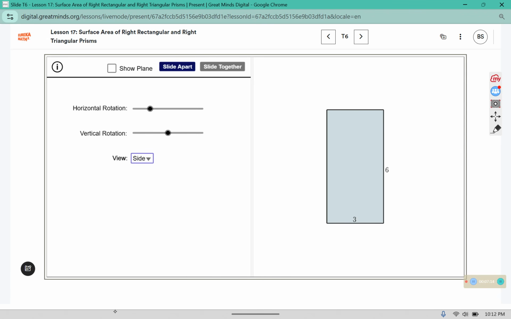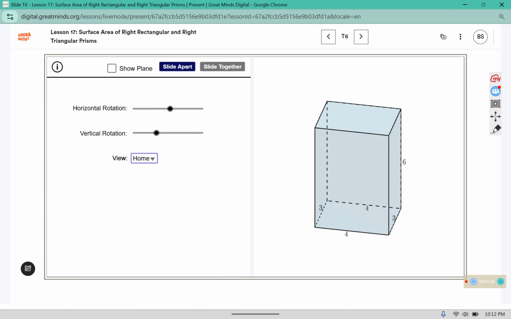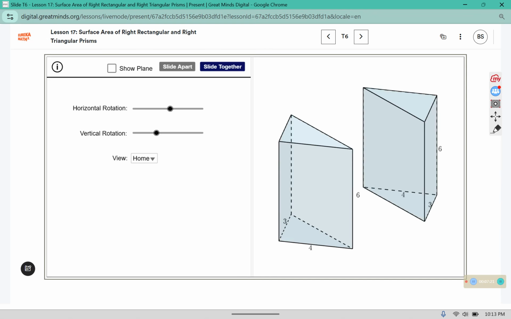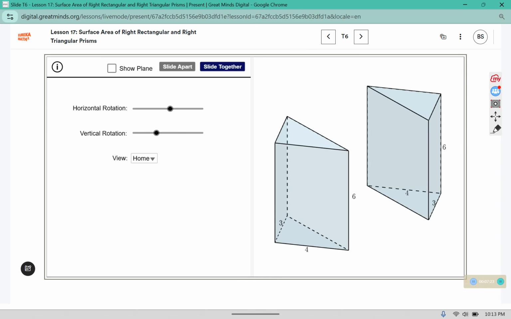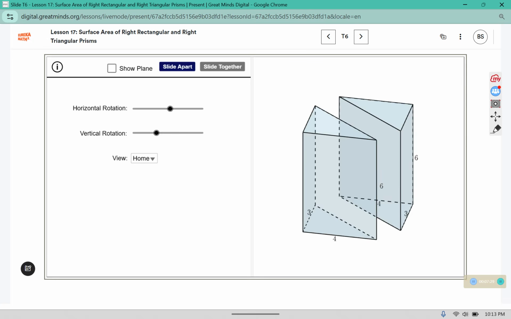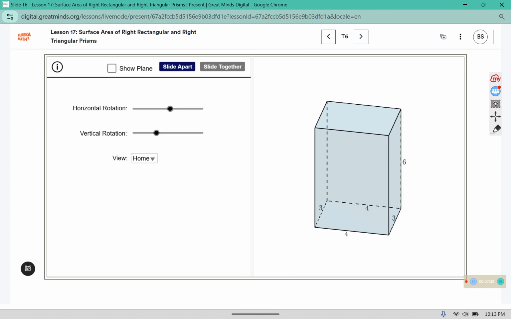And the left and right sides have the dimensions of a 3 by 6. If we were to slice this into 2 sections to create triangular prisms, how do you think the surface area of the triangular prism would compare to the surface area of the rectangular prism?